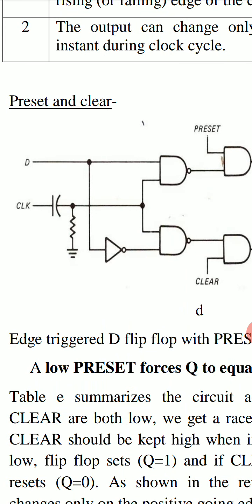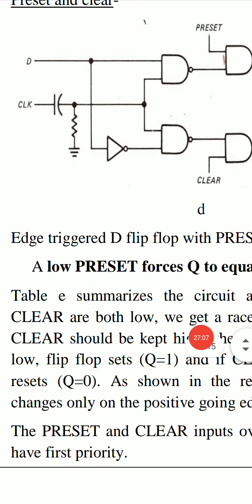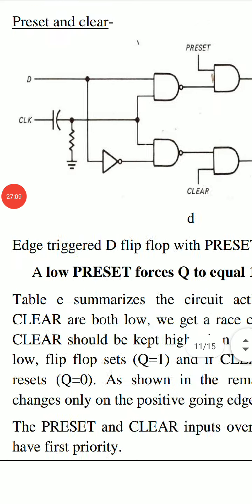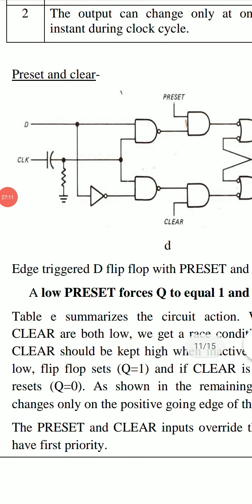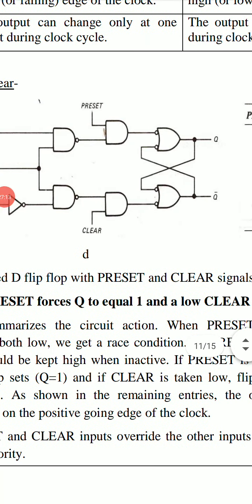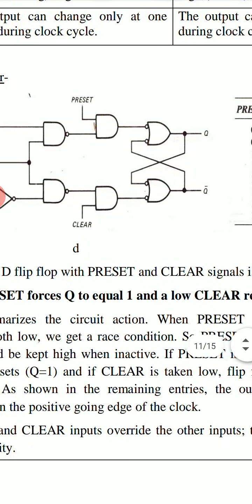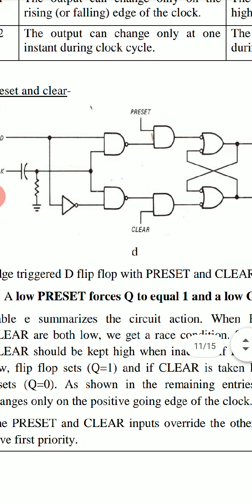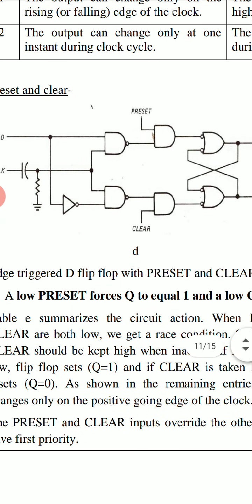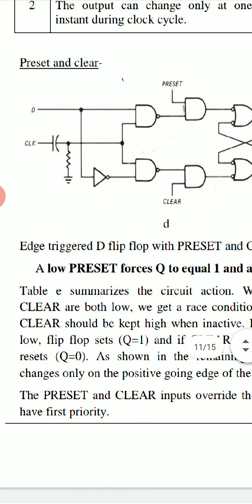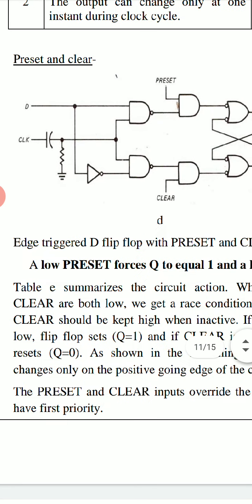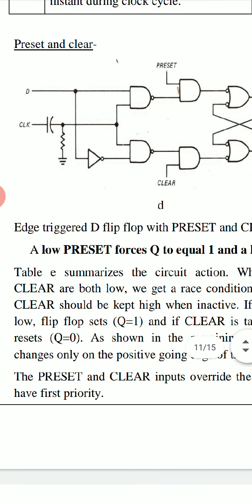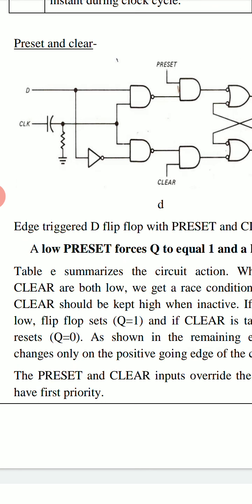Next, we can use preset and clear. This is the circuit diagram of edge triggered D flip-flop with preset and clear signals. For edge triggered D flip-flop, we use clock signal followed by RC circuit.